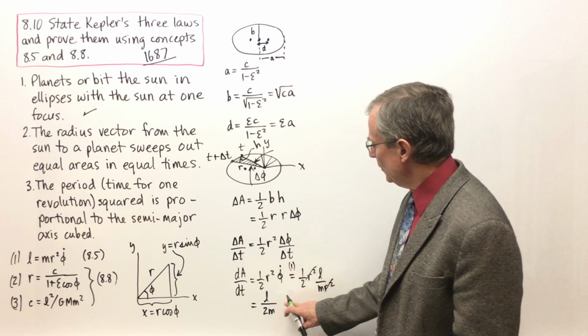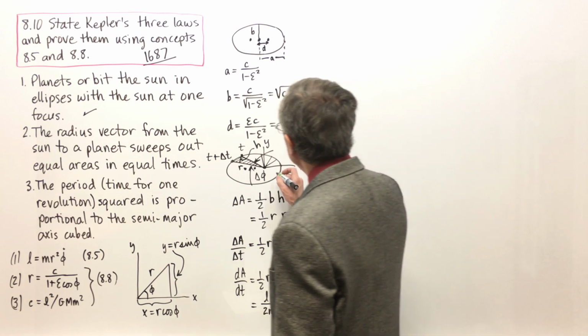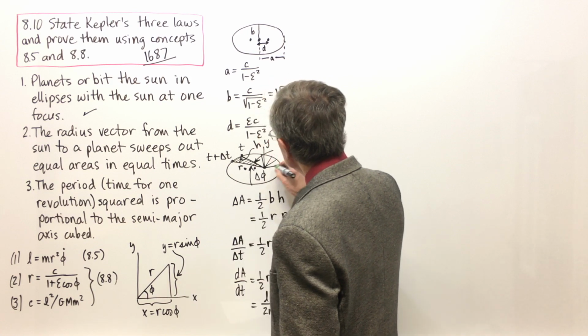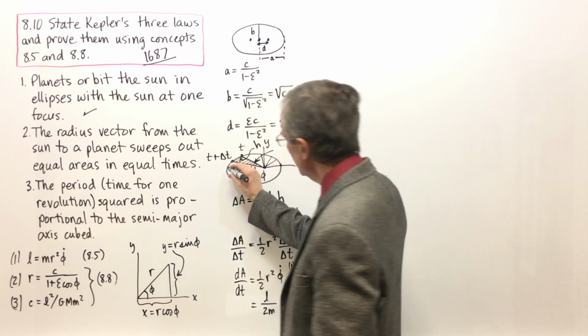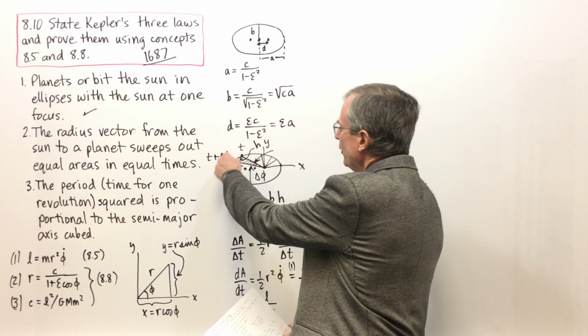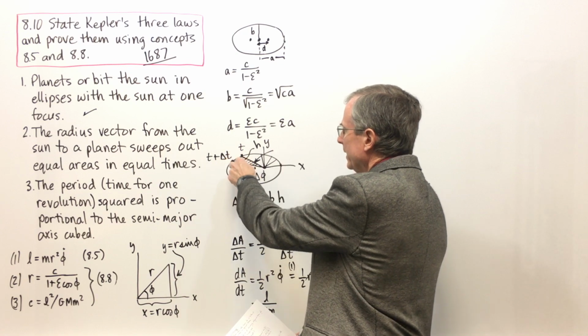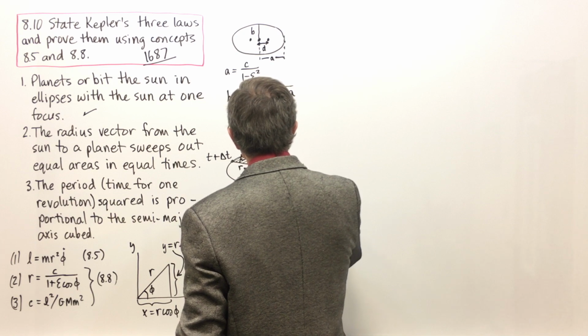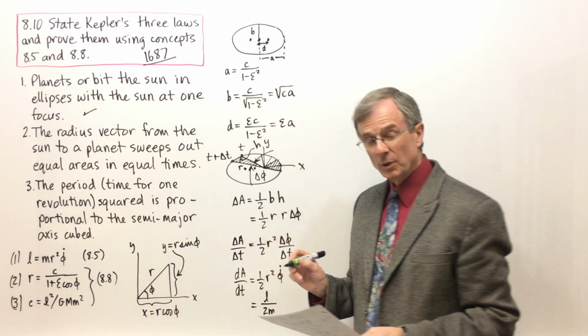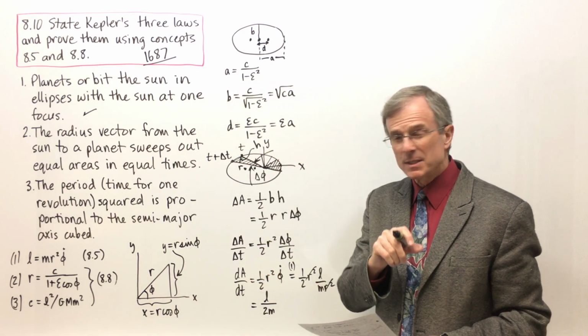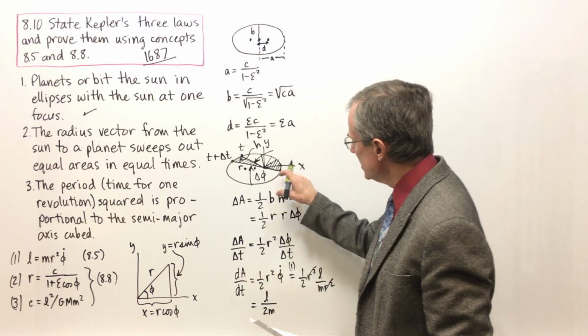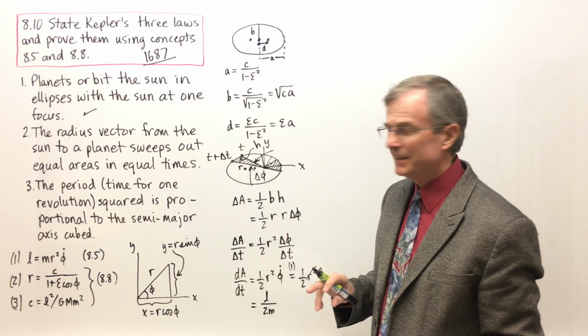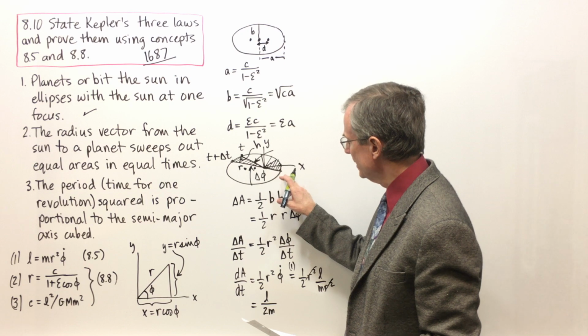So you've got to be able to sweep out an equal amount of area when you're close as when you're far. Here you're far away, and that area had better be the same as the area that you sweep out when you're close, assuming that the delta t is the same in both cases. What does that say about the speed of the planet as it orbits the sun?